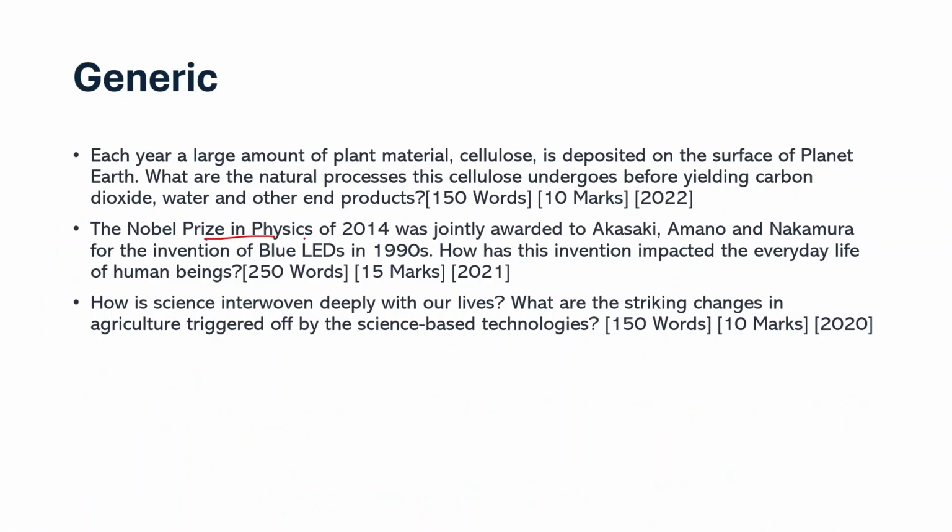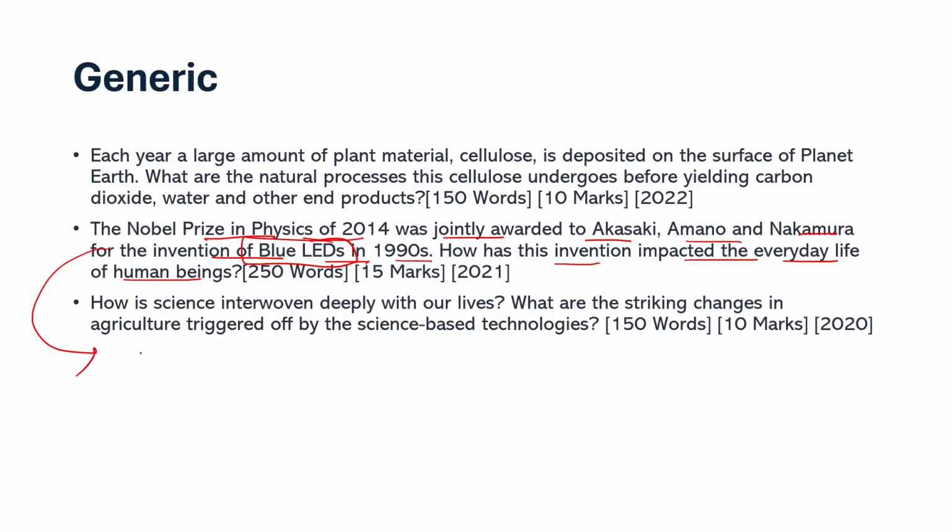The Nobel Prize in Physics of 2014 was jointly awarded to Akasaki, Amano and Nakamura for the invention of blue LEDs in the 1990s, right? How has this invention impacted the everyday life of human beings? Okay, the question is about blue LEDs and how this has impacted everyday life.